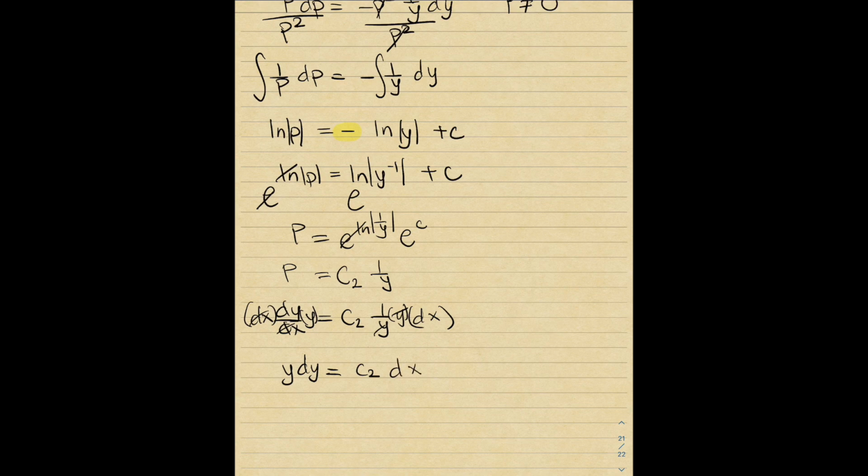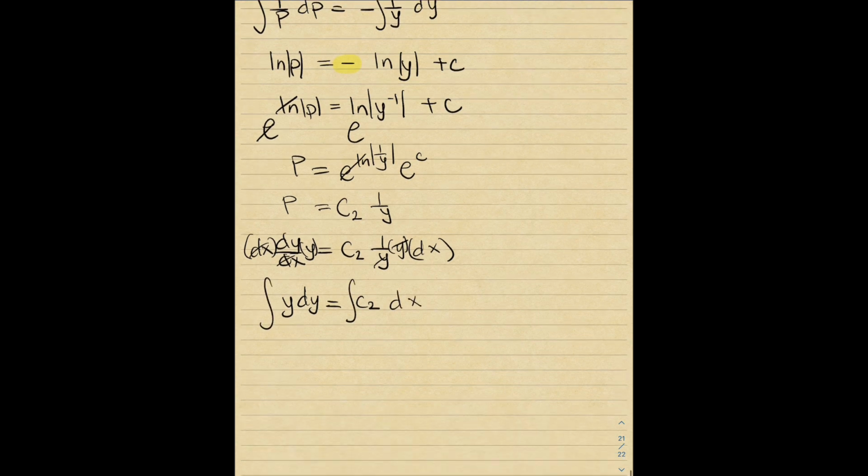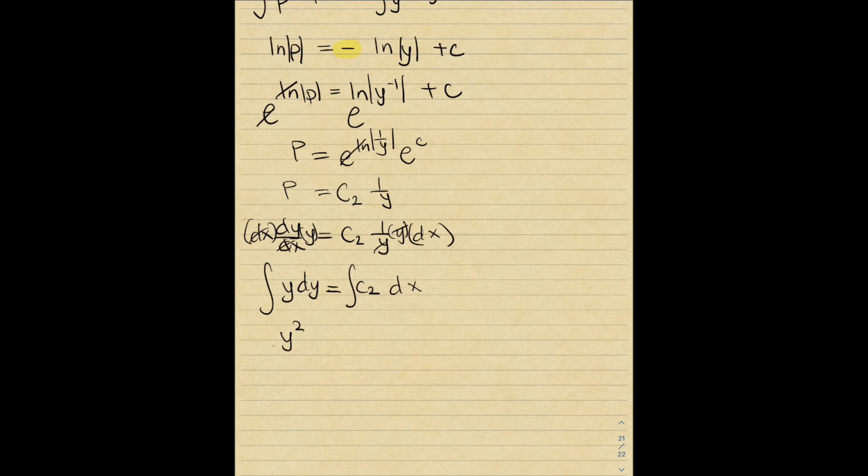So we're going to integrate both sides again. So we got y squared over 2 equal to constant 2 times x plus another constant, which we're going to call constant 3. So we're going to multiply both sides by 2. These are eliminated.